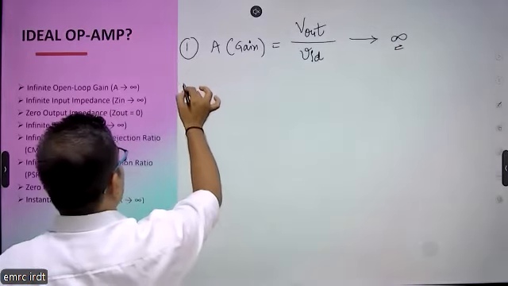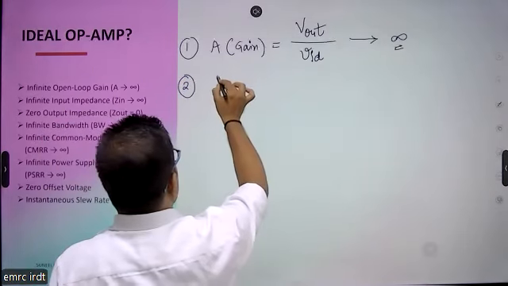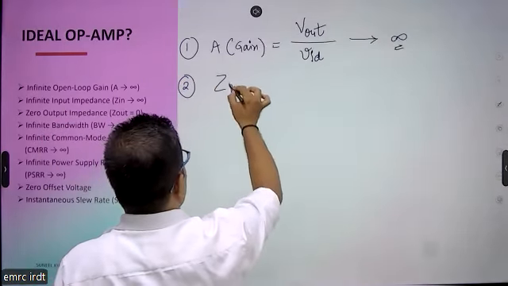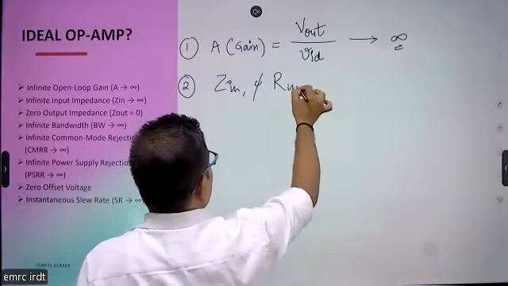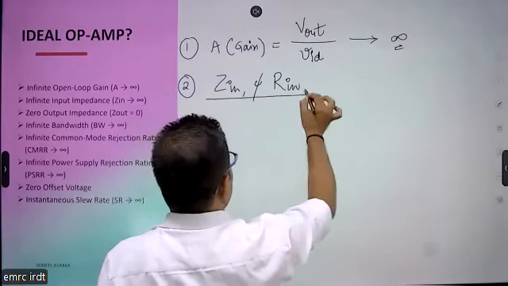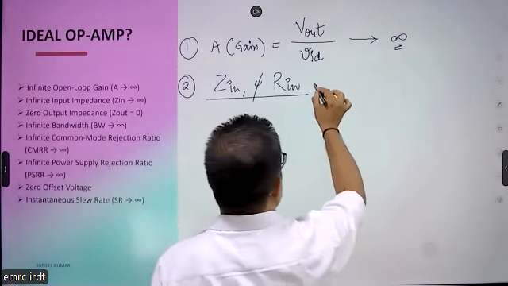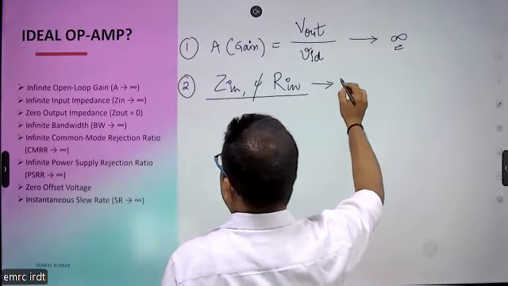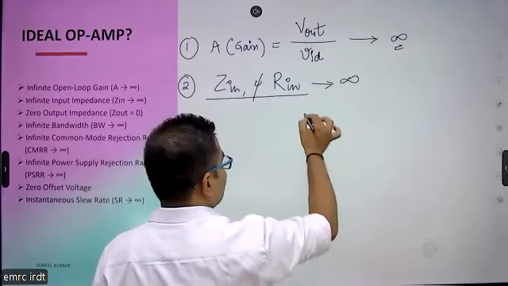Second is input impedance, also known as input resistance. For any amplifier, we know that this should be infinite. What will happen if this is infinite?